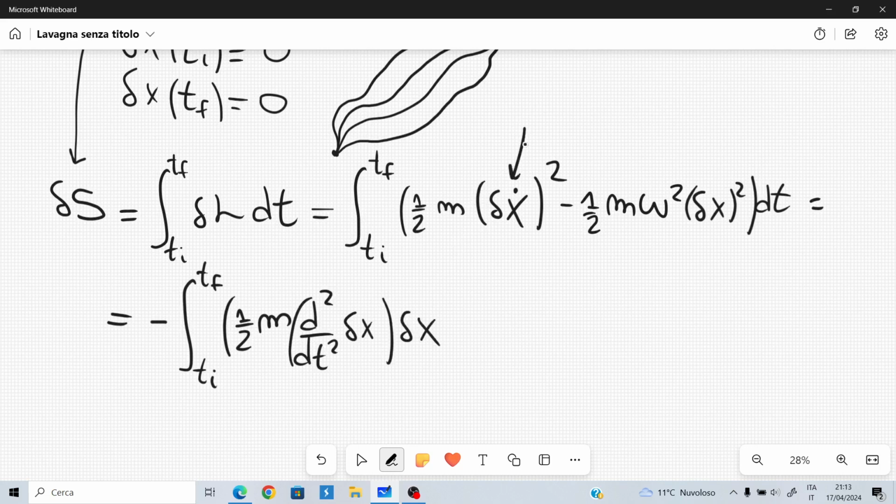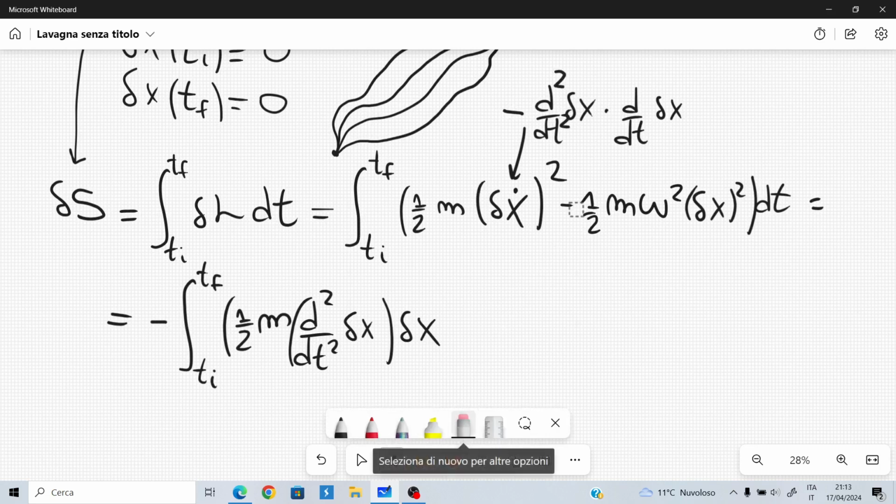Because this term can also be written as d over dt of delta x times d over dt of delta x. So once you integrate by parts, one of these two derivatives will act on the other term, and you will get a minus. So for example, this will become d squared over dt squared, and then you will get rid of this derivative operator on the second term.